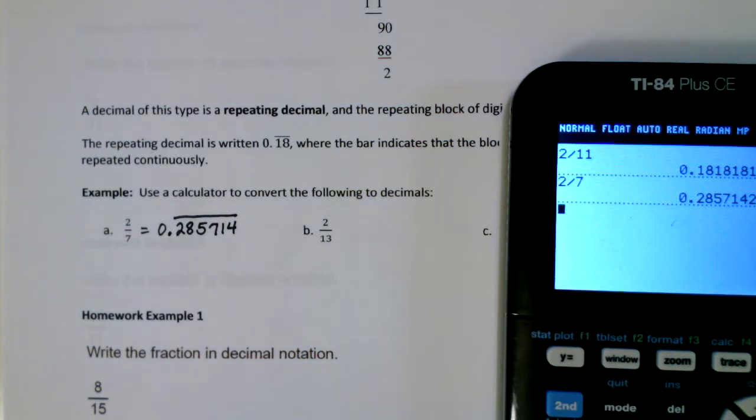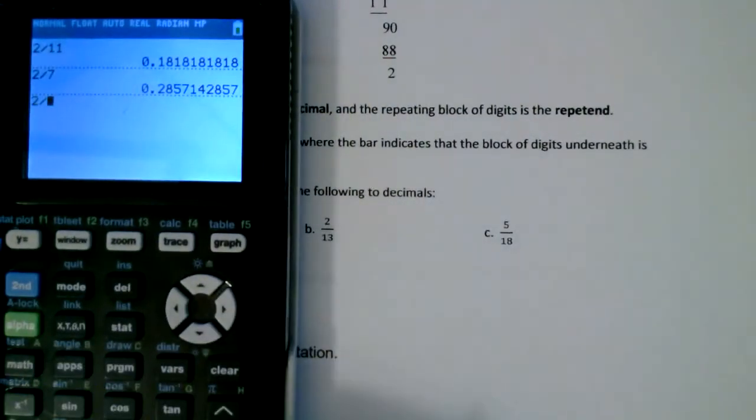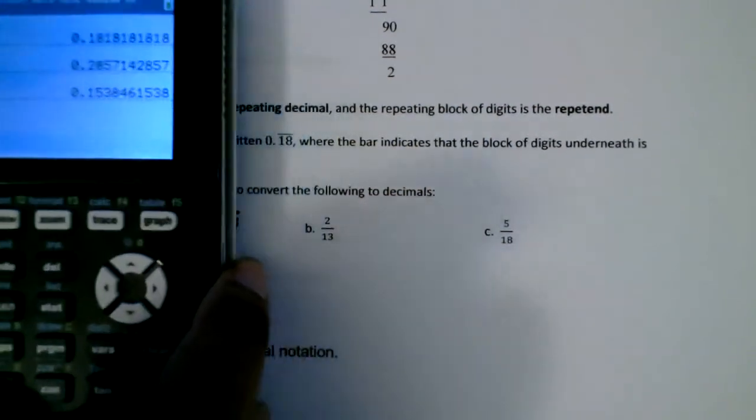Now part B, 2/13. So if I do 2 divided by 13, here we got 0.153846153. Pretty much the block 153846 repeats.